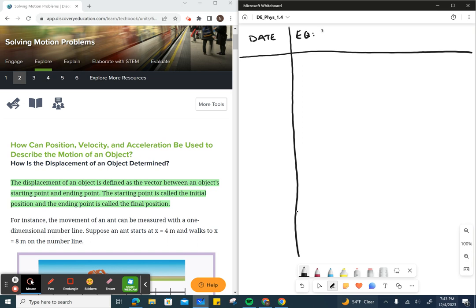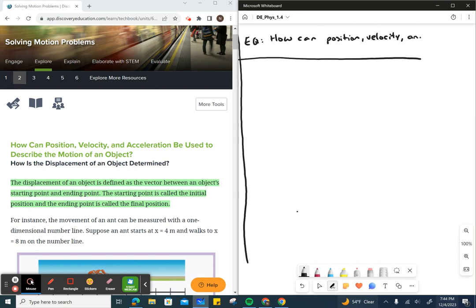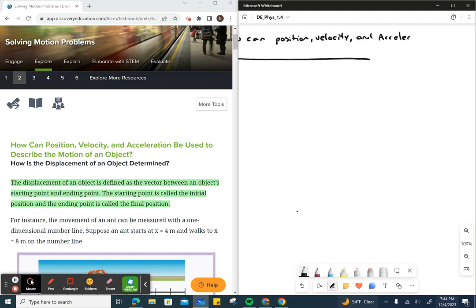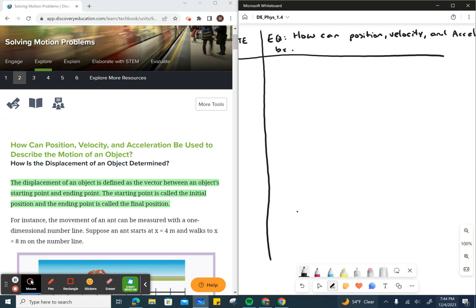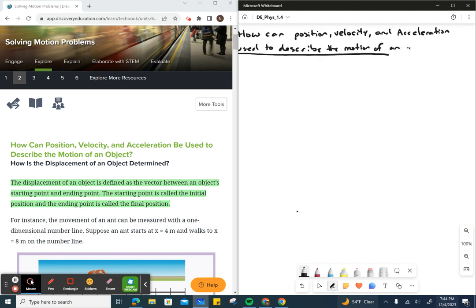How can position, velocity, and acceleration be used to describe the motion of an object?